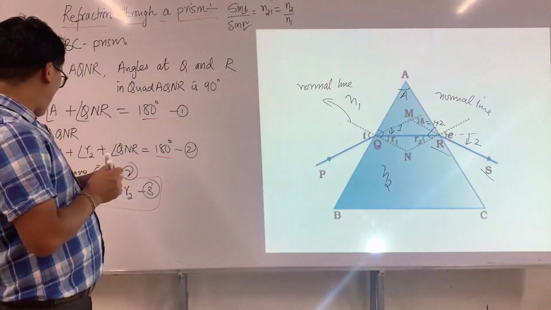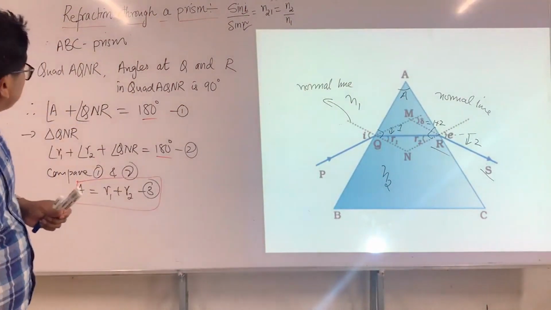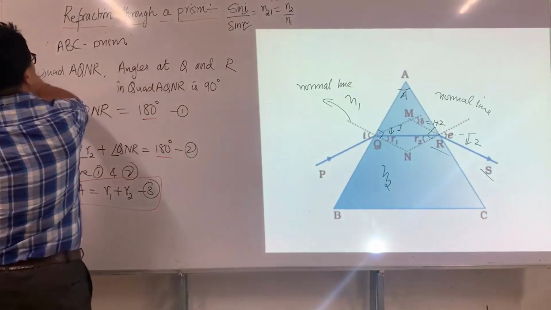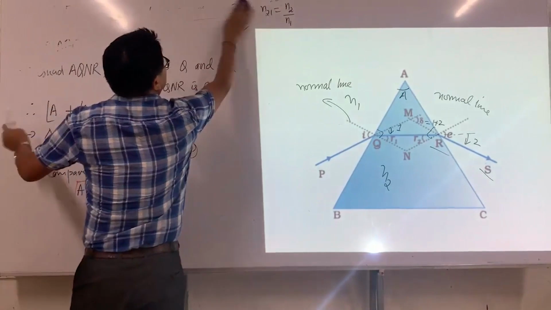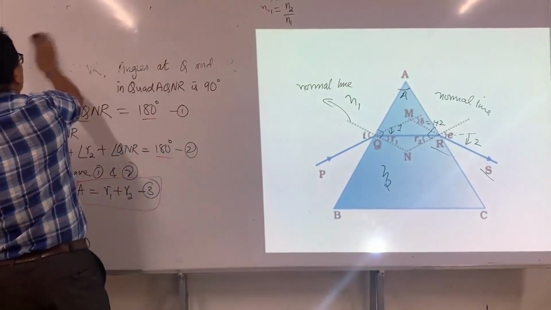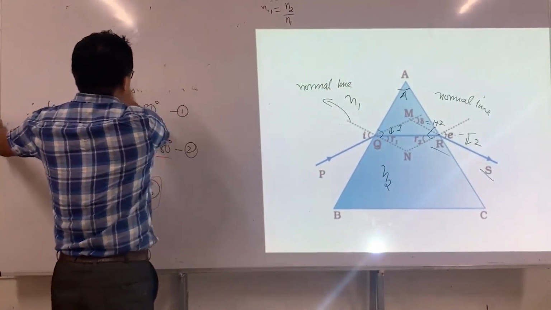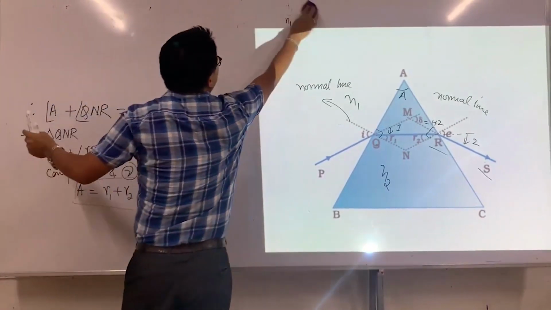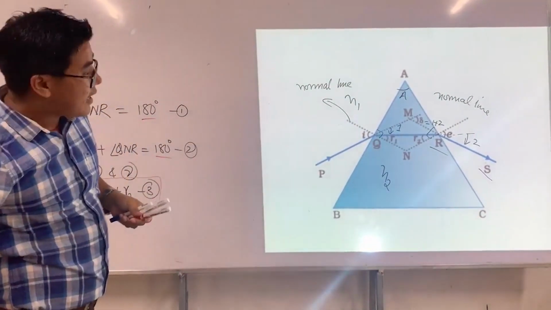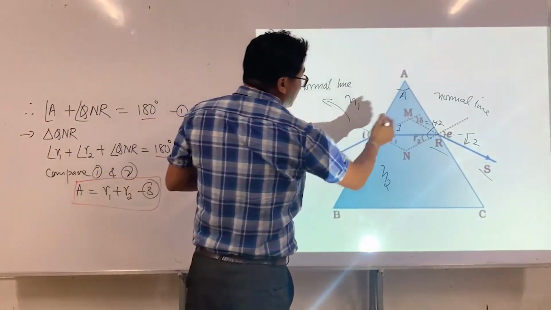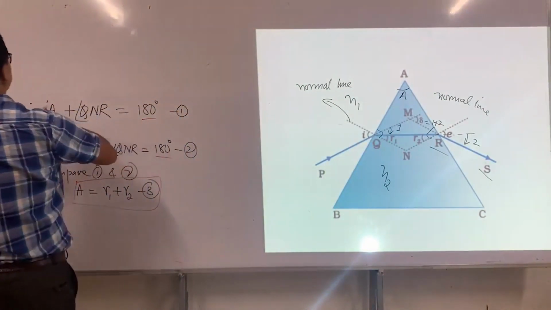Alright. Now I will find out the total deviation. Just now I told you the total deviation is equal to angle 1 plus angle 2.